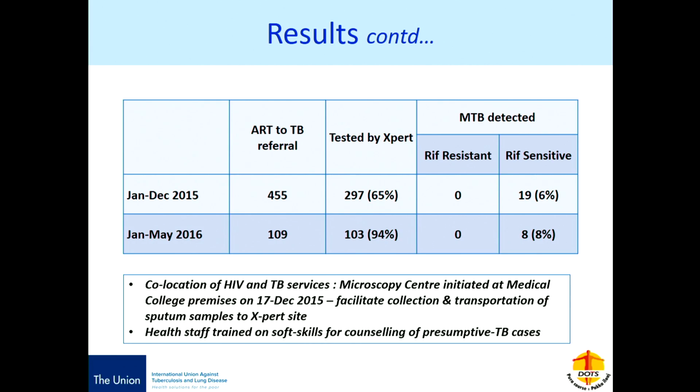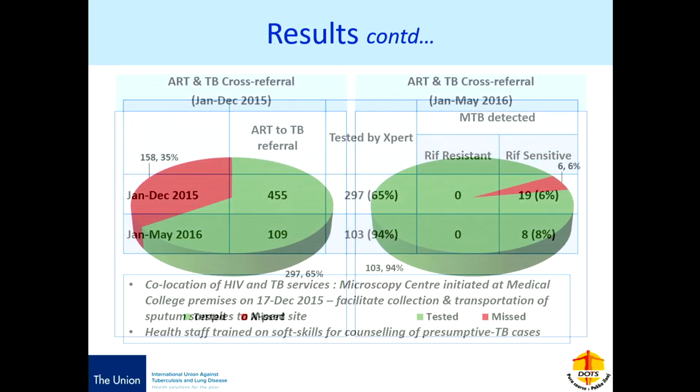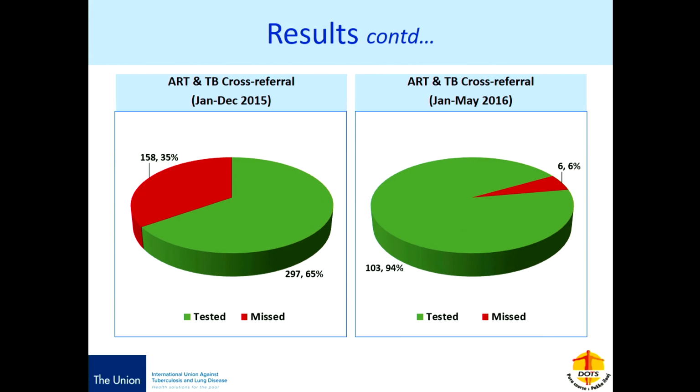So there's a drastic reduction in the proportion of cases which were lost. The cases lost, which were reported as 35% in 2015, have come down to 6% in this 6-month data analysis.